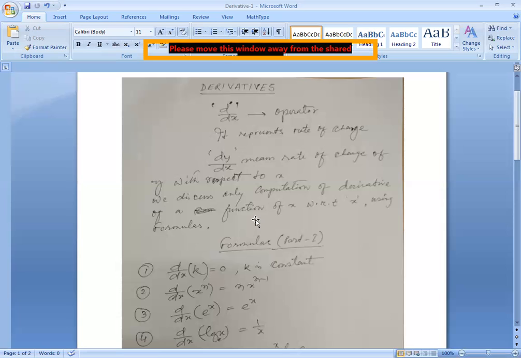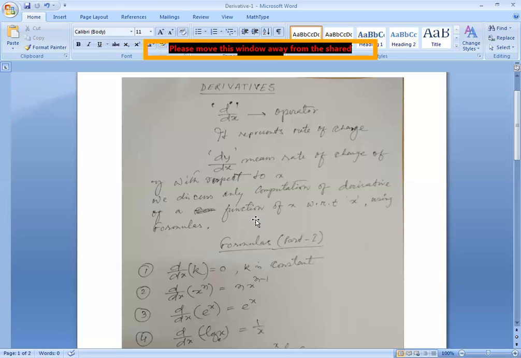So many aspects are there. Basically, there is a particular definition in terms of limit. Using that definition, we can differentiate functions, which is very lengthy and laborious, and to cut that short, some formulas are there.